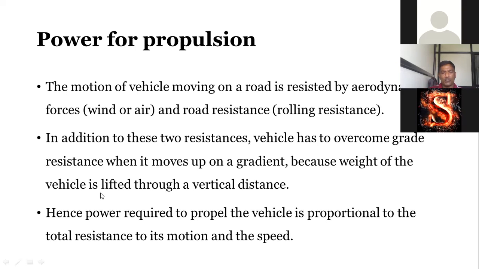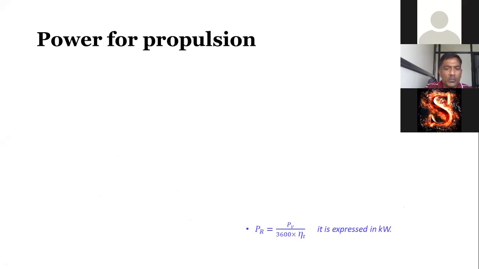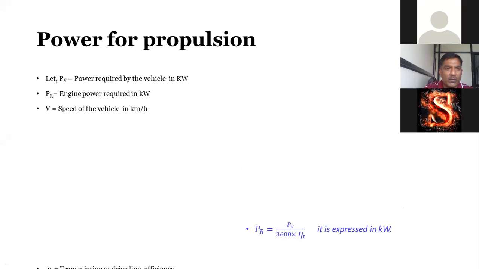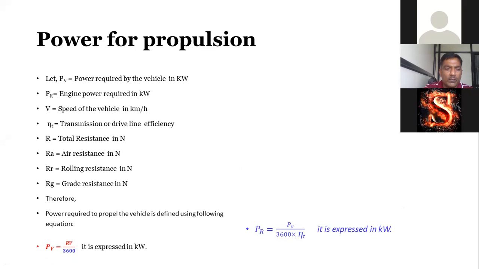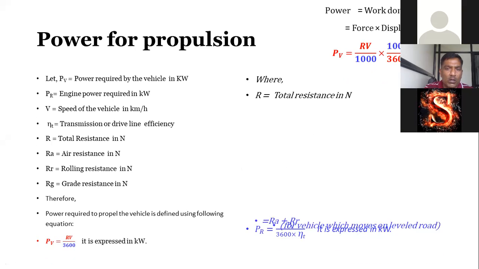So whatever power is required to propel any particular vehicle depends upon how much resistance it confronts while moving on the road, and the speed. Based on that, first of all, we'll see the terminology. I will display all the things.